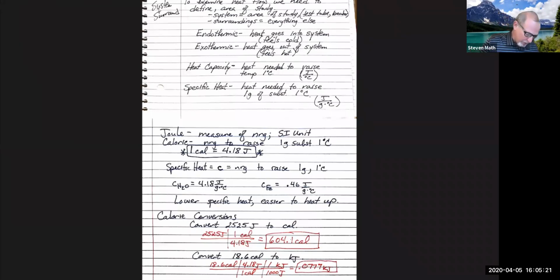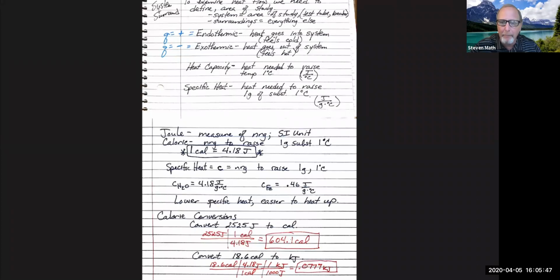If it's endothermic, then we're going to have Q equals positive. When Q equals negative, it's exothermic. And that should make perfect sense. The system is losing energy, therefore it's negative. That's exothermic.